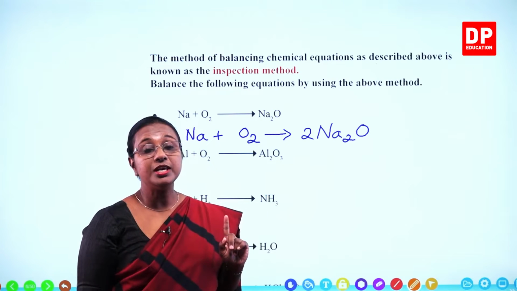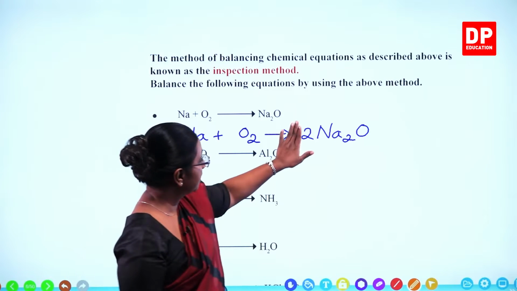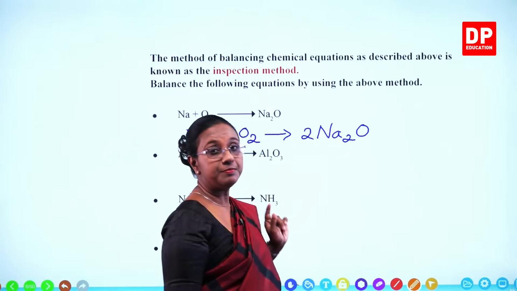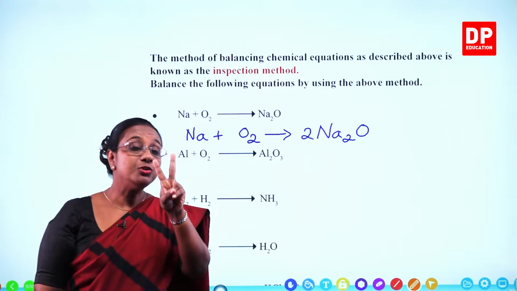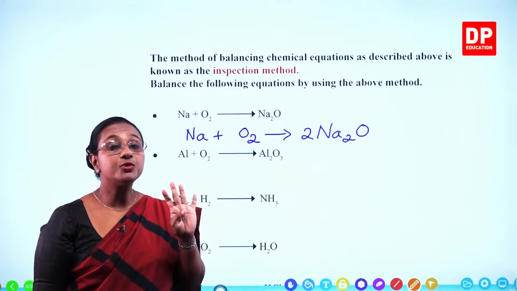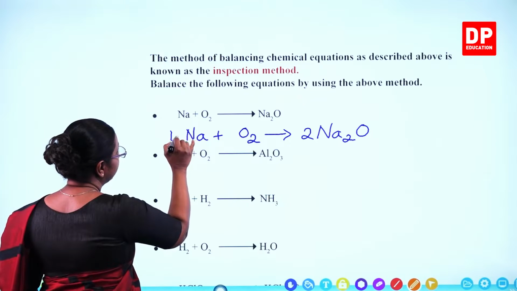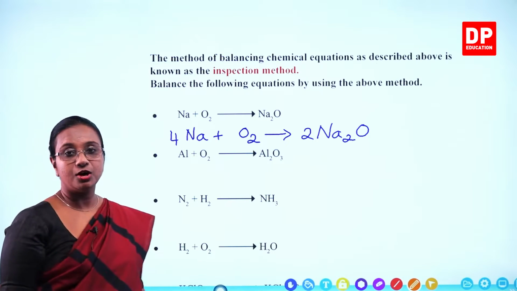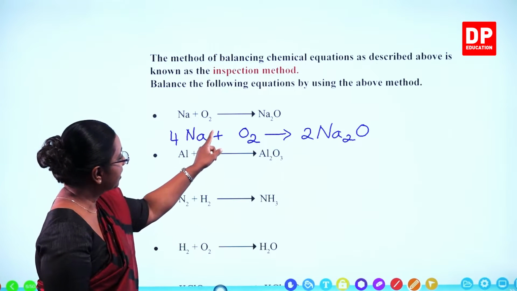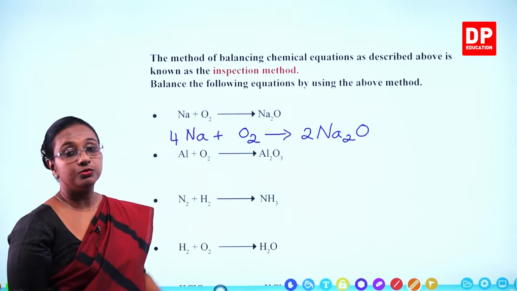In 1 sodium oxide, Na2O, there are 2 sodium atoms. If you take just 1 molecule, there are 2 sodium atoms. We have 2 such molecules. So there are 4 sodium atoms. Then we need to write the coefficient 4 in front of sodium.